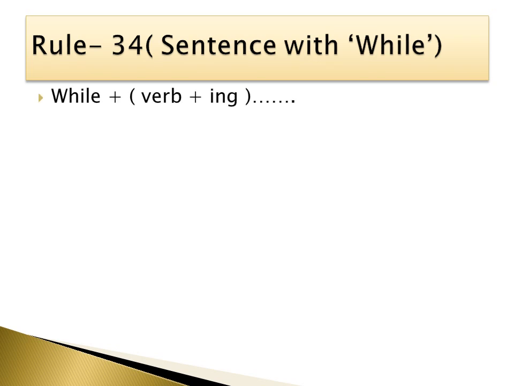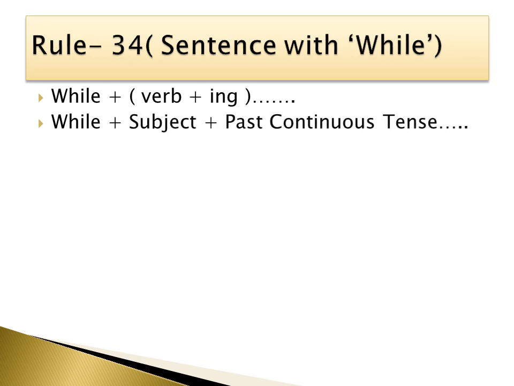After while, if there is any verb that should be present participle, that means you have to add ing with the main verb. Or if after while there is a subject and it's past continuous tense, it is a complex sentence with a dependent clause, then it should be past continuous tense.